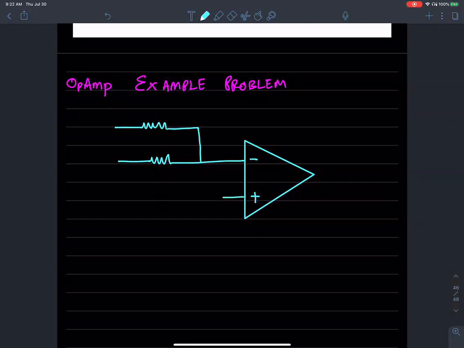And then of course there are three inputs going in here. Maybe two. And there is a feedback.